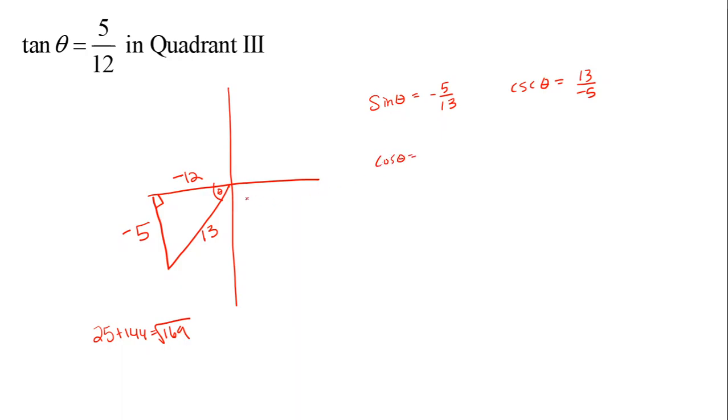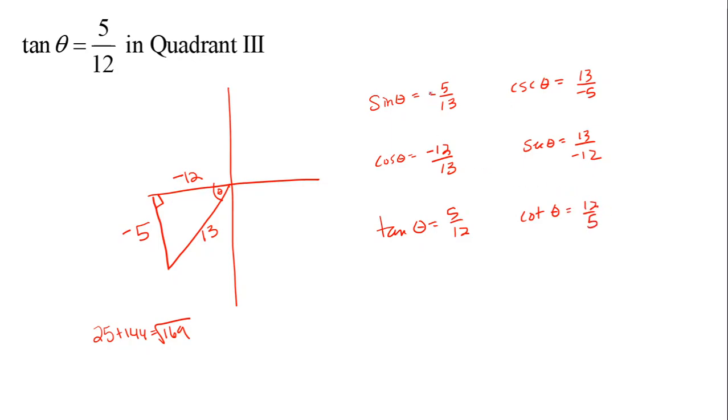Cosine of theta is going to be my adjacent over hypotenuse, so negative 12 over 13. And my secant of theta is equal to 13 over negative 12. Tangent we already have, so I'm just going to write that down. That's 5/12, which means cotangent is 12/5.